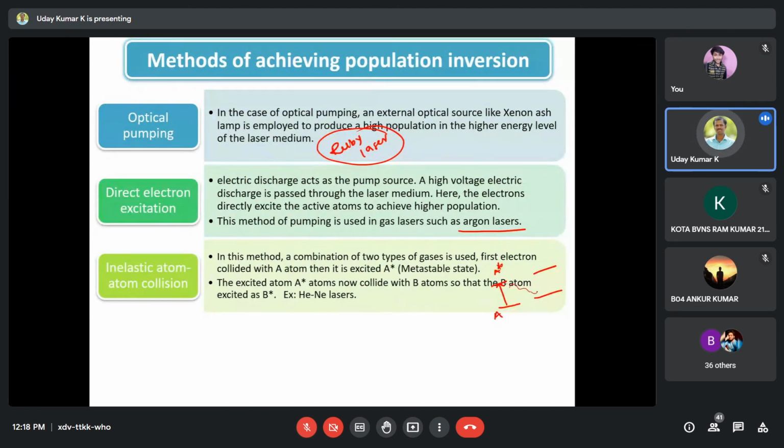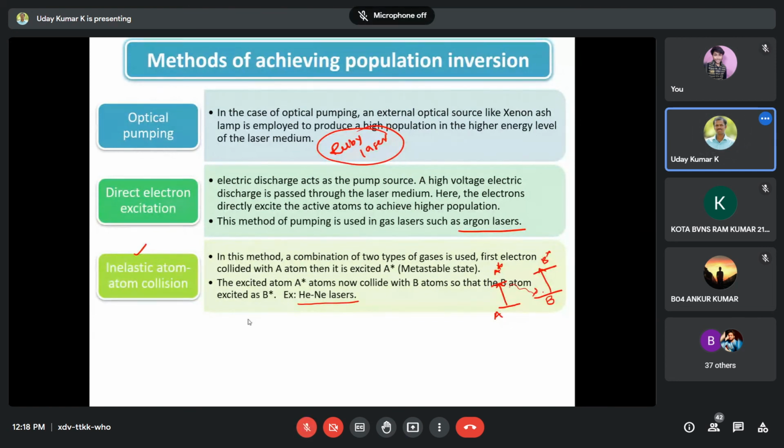This energy will be given to the second atom, which is in the ground state, that is B. By receiving this energy, B will move to B star. This process is called inelastic atom to atom collision. The example for that is the helium neon laser. I'll explain what this helium neon laser is, and how inelastic atom to atom collision takes place in that. Is this clear? Inelastic atom to atom collision and direct electron excitation.